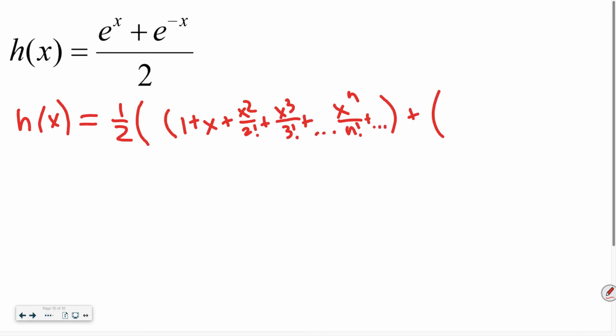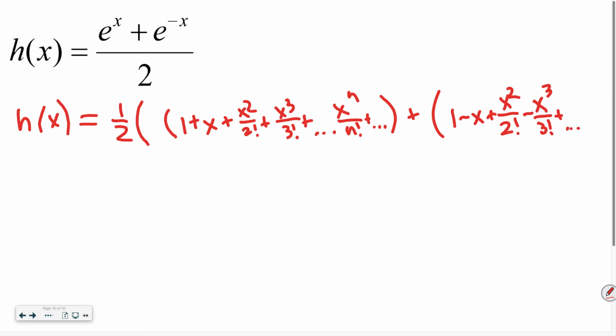And we're adding that to e to the negative x. Well, what would e to the negative x be? We would have to replace x with negative x. So 1 minus x plus x squared over 2 factorial minus x cubed over 3 factorial.